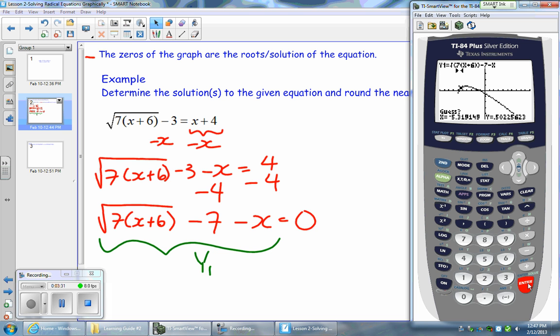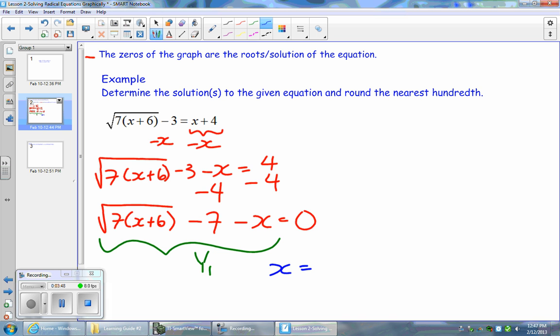And you're going to press enter, and then enter again. And you're going to get a 0 at -5.7912888. So the question asks you to round to the nearest hundredth. So therefore, my first point of intersection is going to be at x is equal to -5.79.